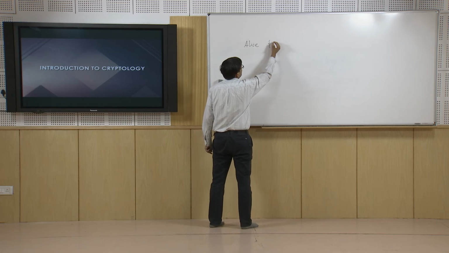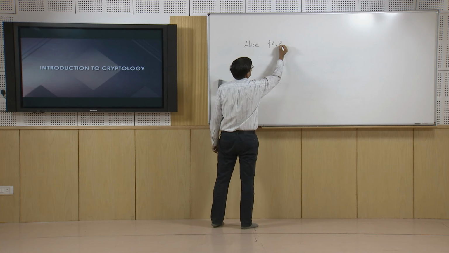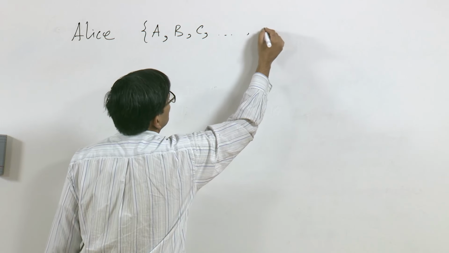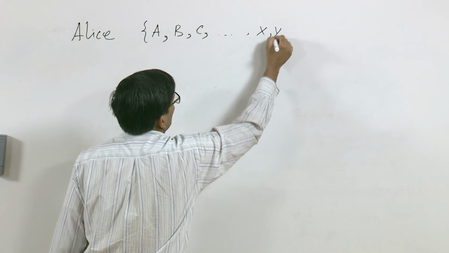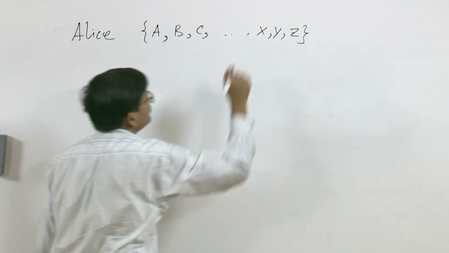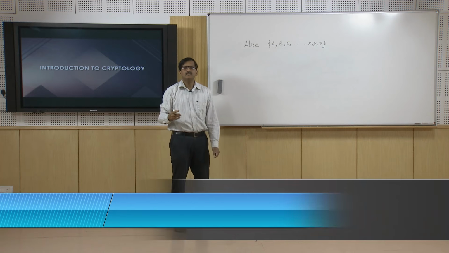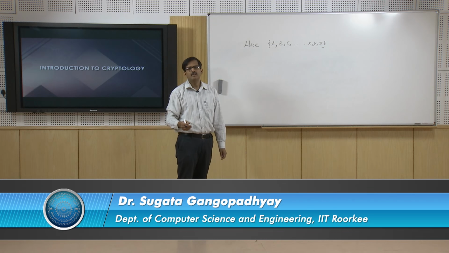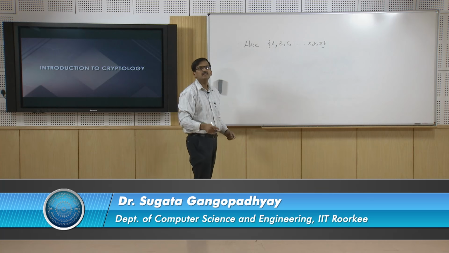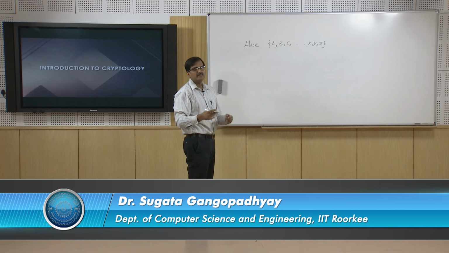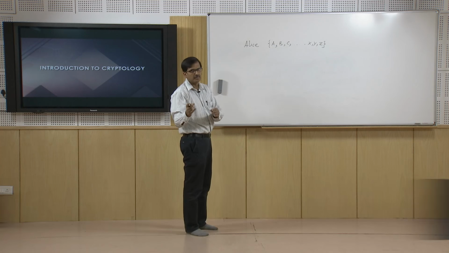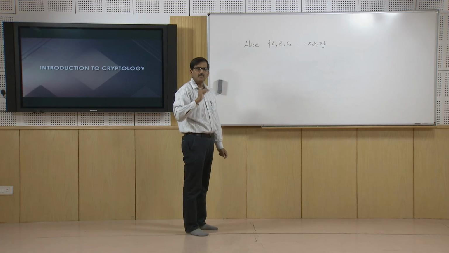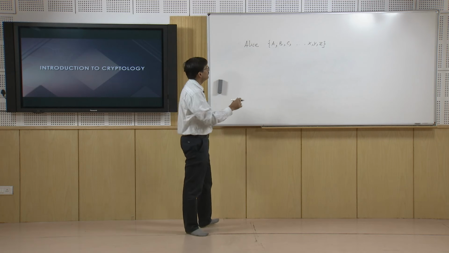So, her alphabet is A, B, C and so on up to X, Y and Z. Now, what she does is that she changes the letters to numbers, so that she can do a few things mechanically. Let us see what happens if we change English letters to numbers. We will number A as 0 and move on up to Z equal to 25.